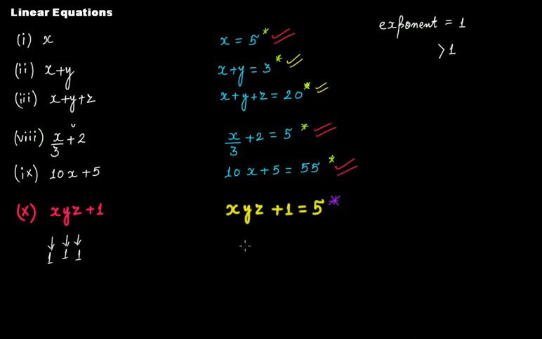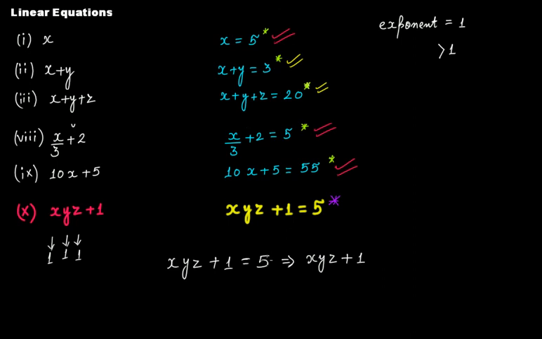If you remember, when we were learning about polynomials, binomials, trinomials and all, in this case x y z plus 1 is equal to 5. This can be written as what? We can write it as x y z plus 1.